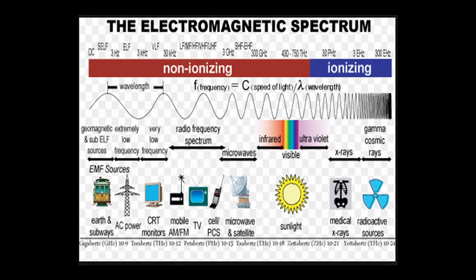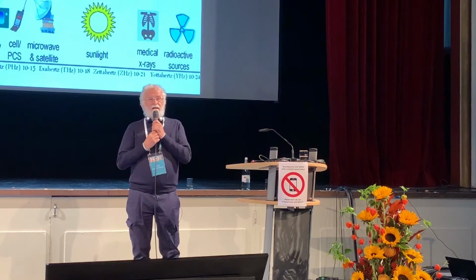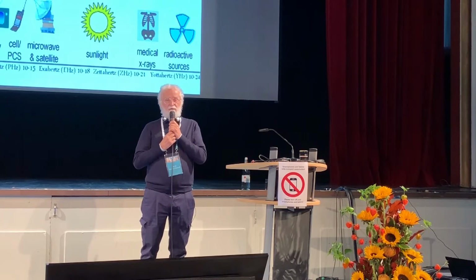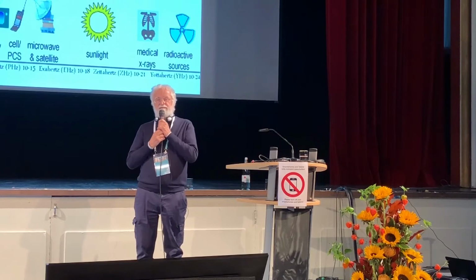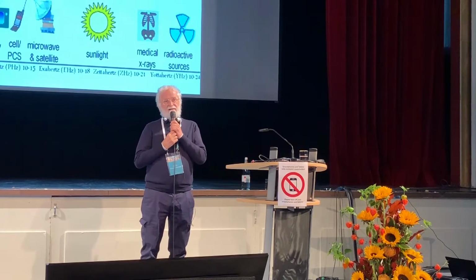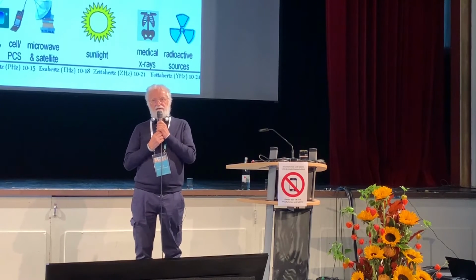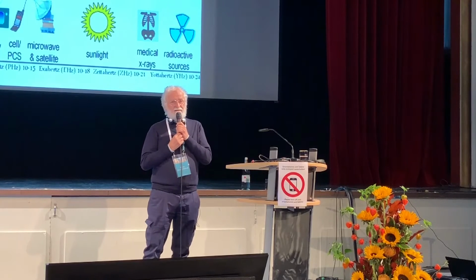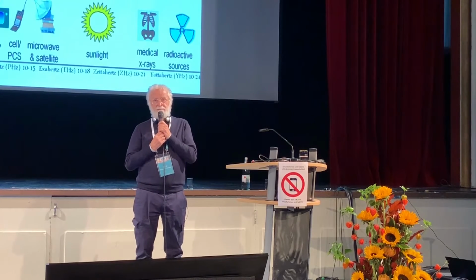This is the electromagnetic spectrum, in which you can notice that the electromagnetic waves change wavelength by changing their frequency. For the human and body effects, we can notice that different frequencies have different influence.